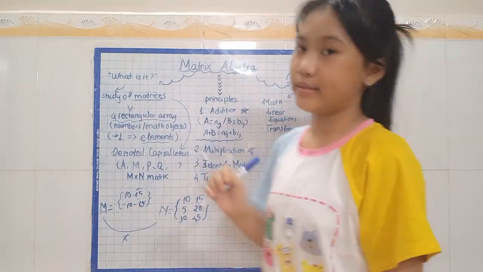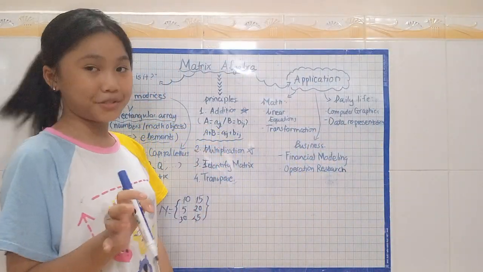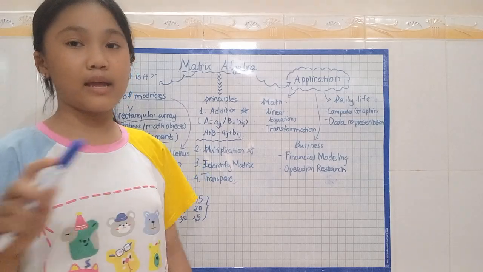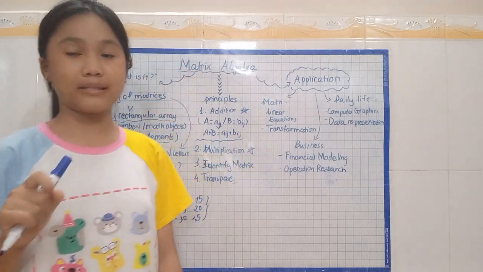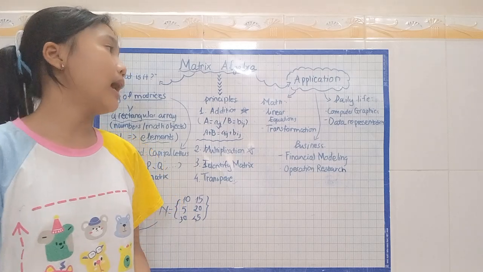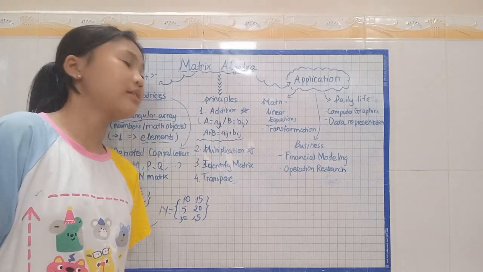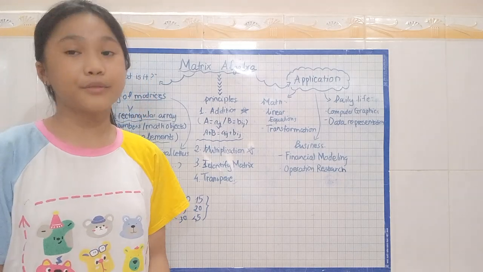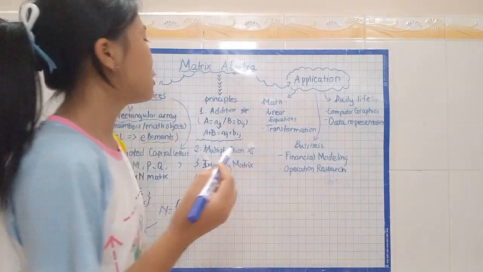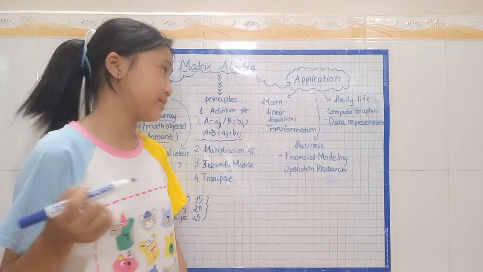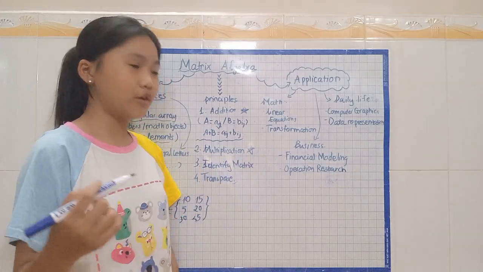Now I'd like to come to its applications. First, let's look at its application in math. In mathematics, it has unlimited uses. First, it could be used for linear equations. As I said at the beginning of the video, matrix algebra is basically understood as linear algebra.